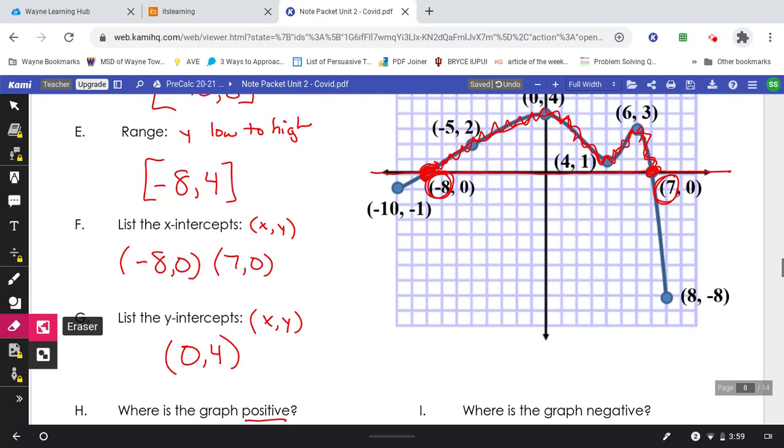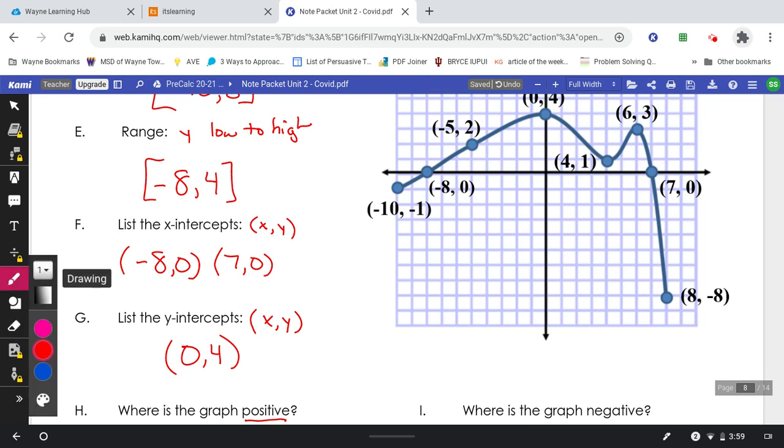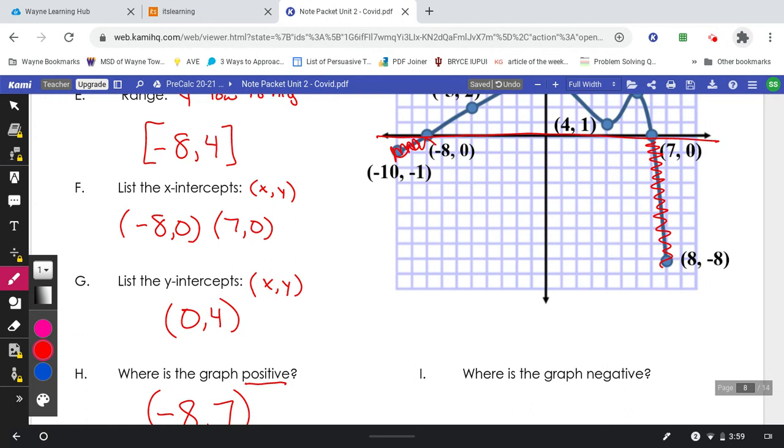Where is your graph negative? All right, your graph is negative anywhere below the x-axis. So you have this little section over here and this little section over here. So I'm going to go from the points -10 to -8 and from 7 to 8.